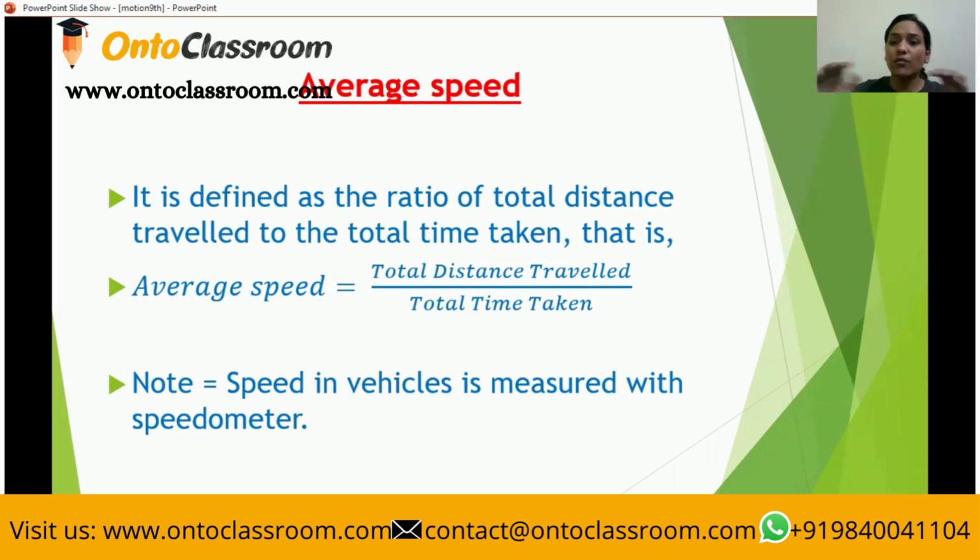So we will add up all the distances and add up all the times, the sum of the time, and divide the two, and we will get the average speed. After that the next topic will be velocity, and that will be covered in some other slide. Thank you so much.